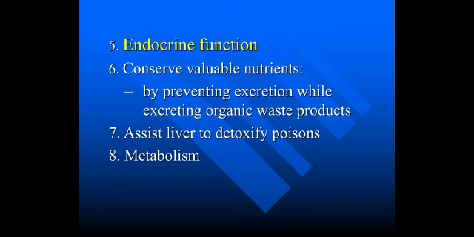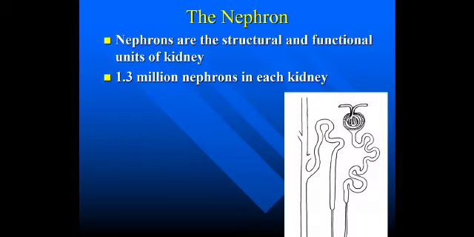Then we have the endocrine functions, which play a role in forming the active form of vitamin D, that is calcitriol, 1,25-dihydroxycholecalciferol, and it is metabolic, forming the glutamine, that is the gluconeogenic function.